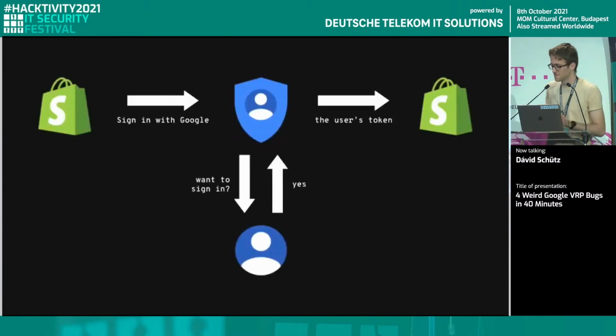This is how an OAuth flow looks in a very simplified way. You have an application which wants to log the user in. It redirects the user to Google, and then Google asks the user, do you really want to sign in? And you say, yes, I want to sign in. And then Google redirects the user back to the application with a token that the app can use to access the user's data. This is OAuth in a very big nutshell.